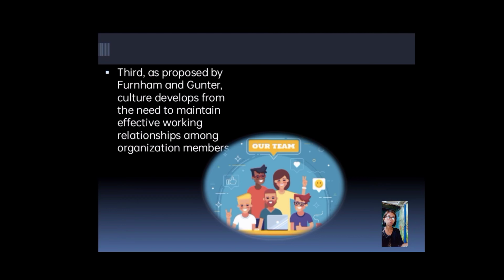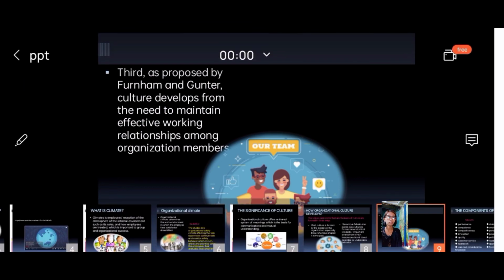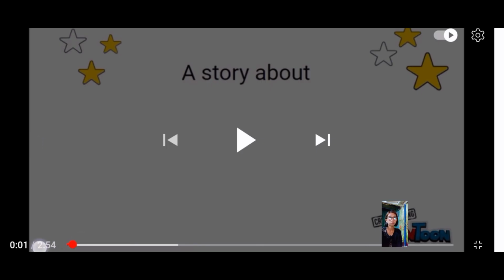So in the last way, this establishes values and expectations. Finally, culture is influenced by the organization's environment. The external environment may be relatively dynamic or unchanging. So before the next step, we have to play this video.